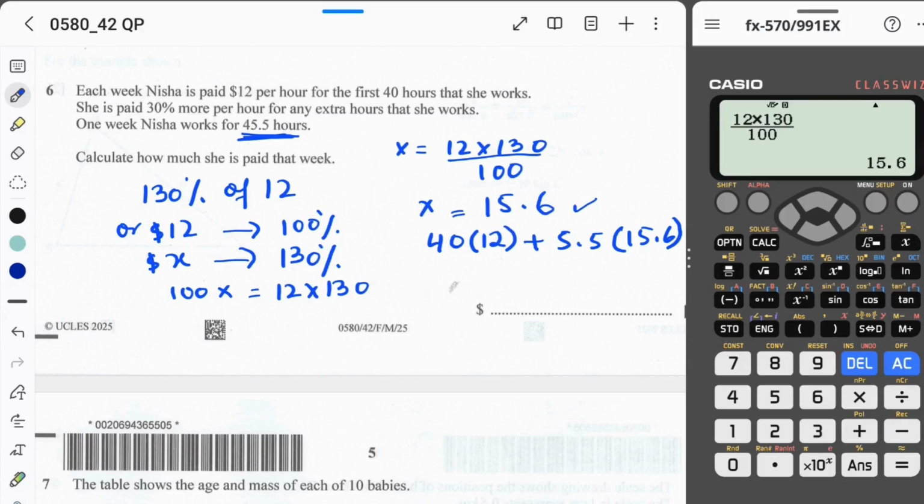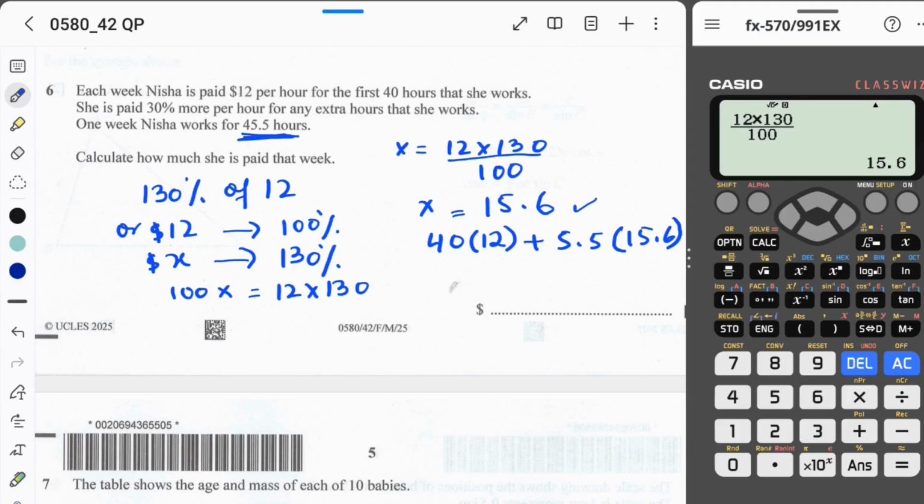So in this question, 45.5 hours was the total time, in which for 40 hours Nisha gets $12 per hour. All right, so we have found 40 times 12. The remaining time will be 5.5 hours. For the extra hours, Nisha will be getting $15.6, which is more than $12.